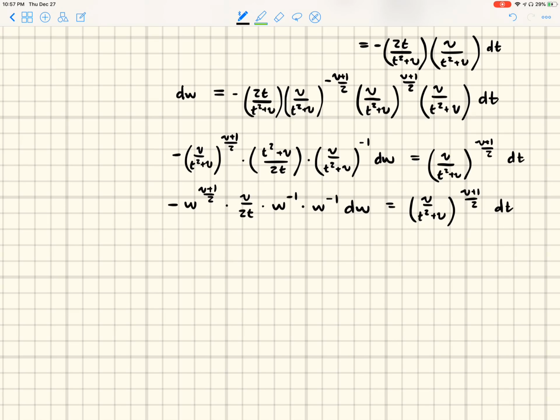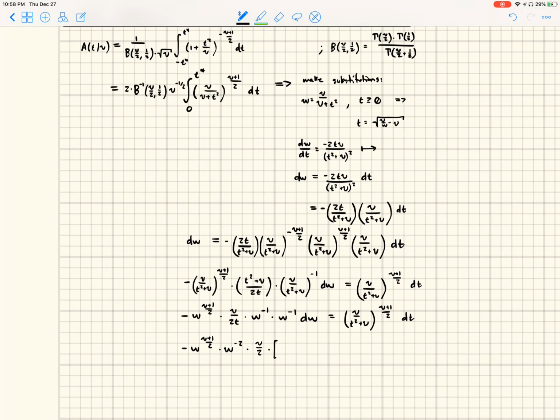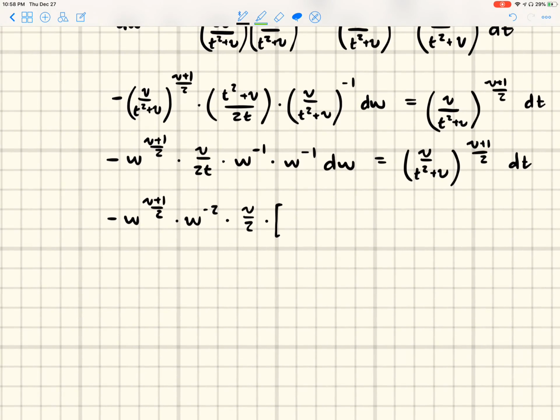And if we combine exponents, like variables with like variables, and then we write out an expression for t, if we recall t was that square root term, we get the following, which is v over 2 times, and we've got this t term, which I'm just going to paste here, and that's actually the inverse dw, and it's equal to this right-hand side, which we'll fill in later.